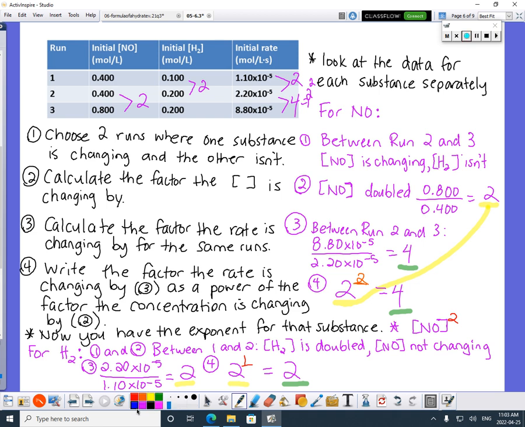And now please don't forget to write the final answer. We were asked to find the rate law. You found the exponents. So don't forget to do the rate law, okay? The final answer. And the general form, we already wrote the general form.